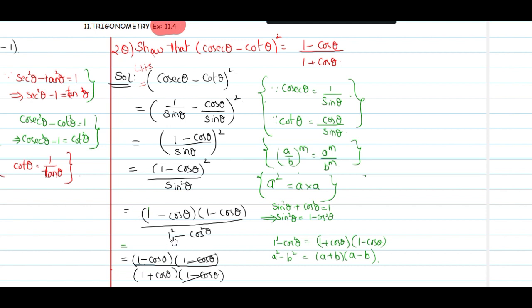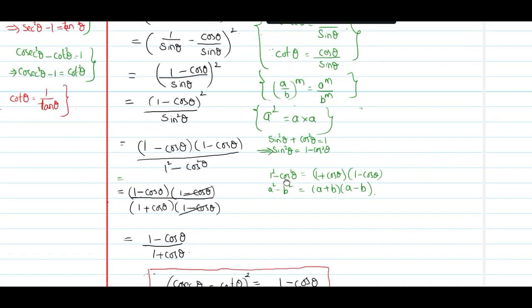So, can we write 1 as 1 square? Of course. So, here we have 1 minus cos theta into 1 minus cos theta by, now if you observe, this 1 square minus cos square theta is in the form of a square minus b square. So, a square minus b square can be written as a plus b into a minus b, right.